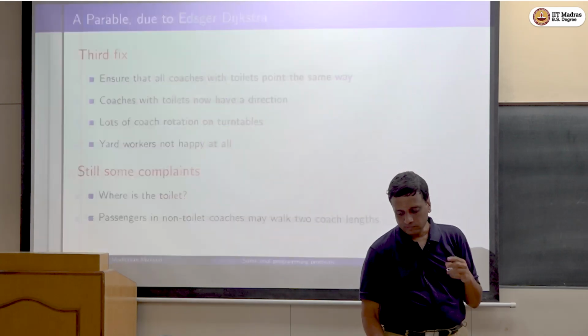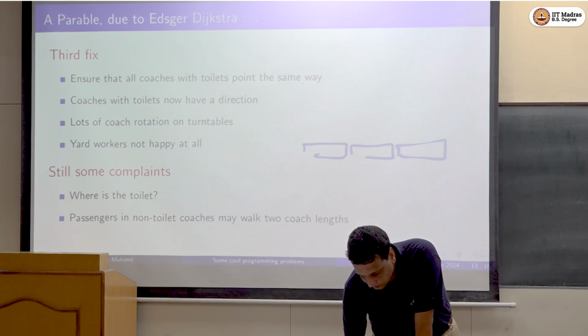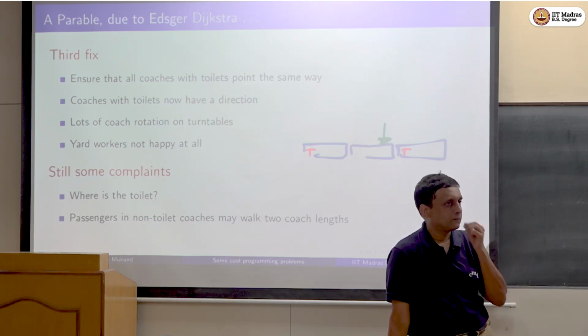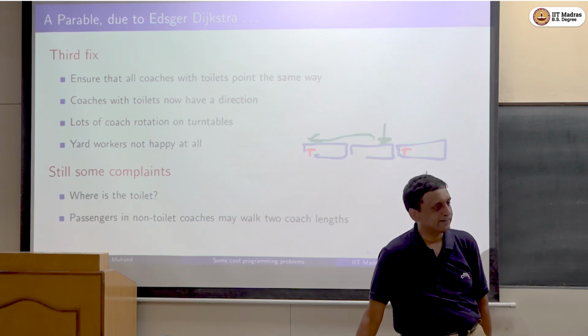But this still has a problem because this is a Vande Bharat problem also. So you are here, but you don't know which direction has a toilet. So you may start walking in this direction and spend a long time finding the toilet.